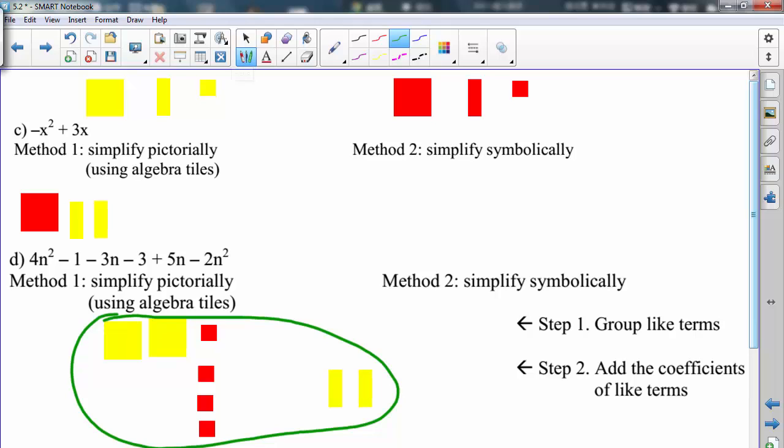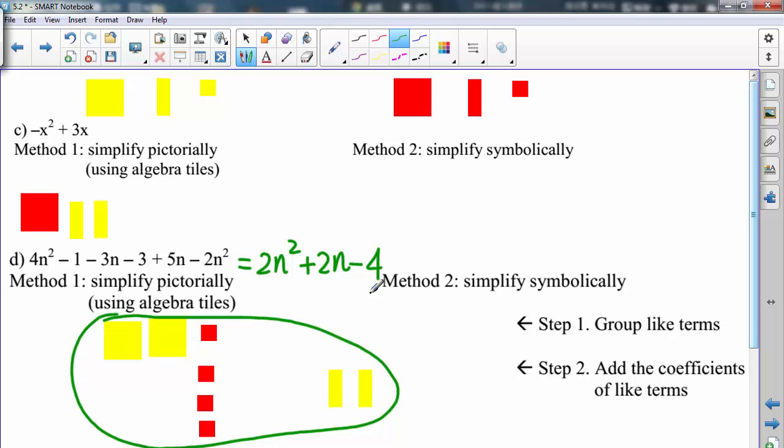So you will see you have 2 big yellow squares. These 2 yellow big squares represent 2n squared. Then I still have 2 yellow rods left, plus 2n. 4 little red squares, that means -4.